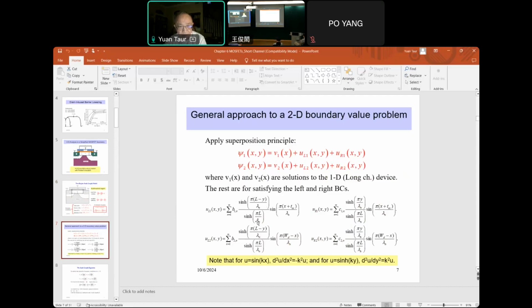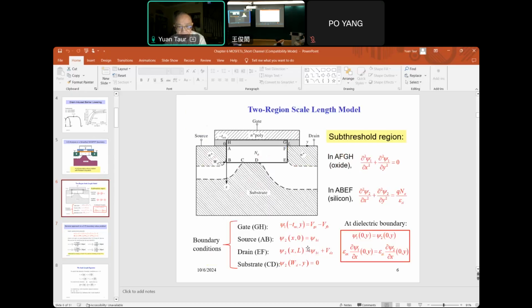In that case, this factor is 1. UR1 is only non-zero at the drain, y equal to L. If this is L, this is equal to 1. So these four functions are carefully constructed to satisfy the boundary conditions. And there are coefficients. Those coefficients are chosen to satisfy the actual source and drain boundary conditions, that's the psi bi and the psi bi plus VDS.